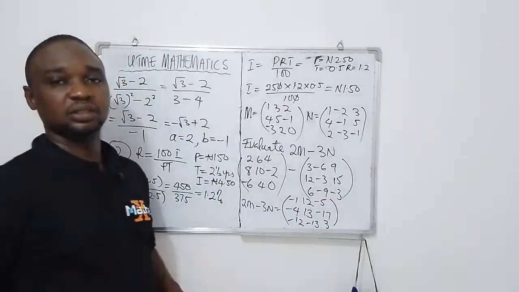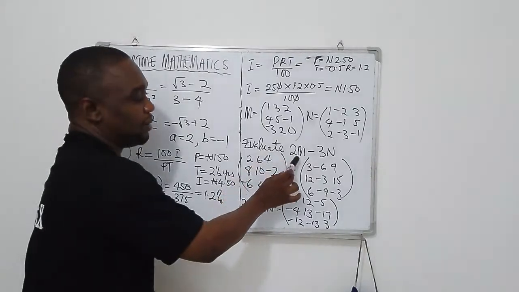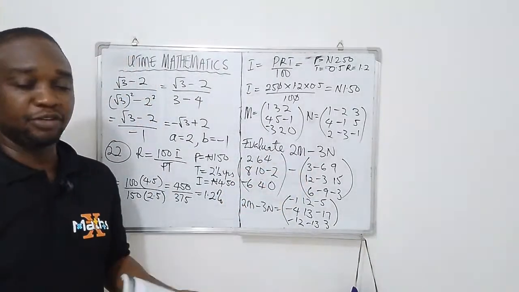This is the evaluation of 2M minus 3N in matrix form.